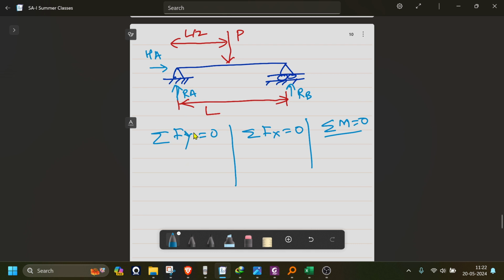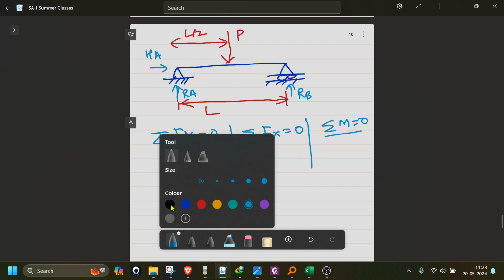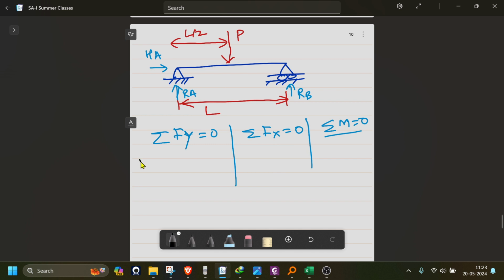Summation of Fy equals 0 means forces along the vertical direction: RA plus RB equals P. RA and RB act upward and P acts downward.